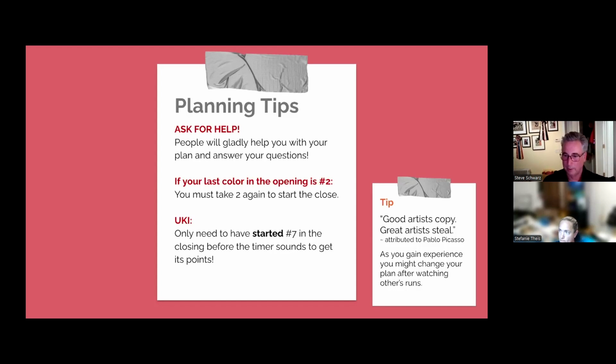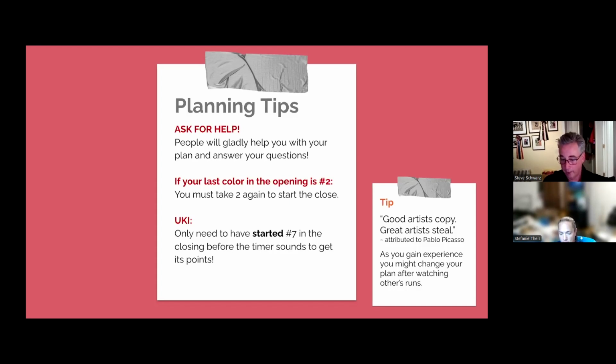So I'll give you a few of the little extra tips that you just have to be aware of. In the examples I showed, we didn't actually use number 2 as one of our colors in the opening, but you totally can. And sometimes it's pretty sneaky and good for you to do, because you just need to turn around and take it again to start the close.